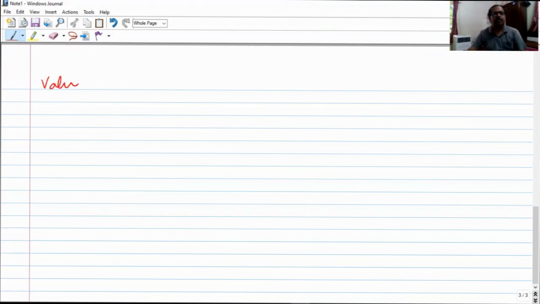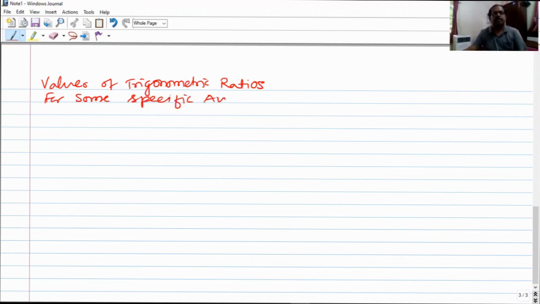The name of this chapter is values of trigonometric ratios for some specific angles. Either you can say specific angles or some standard angles.